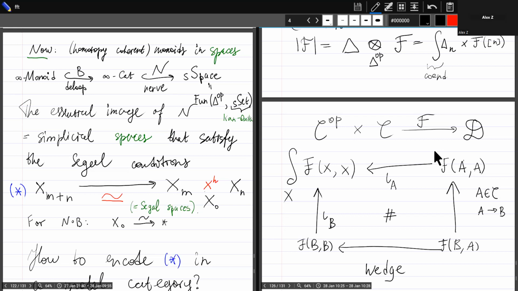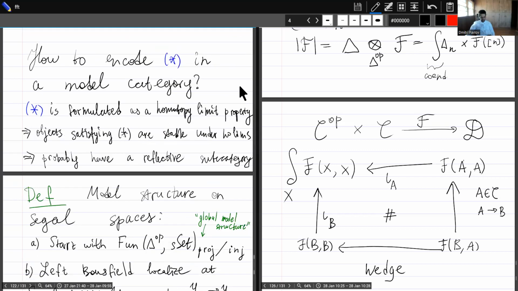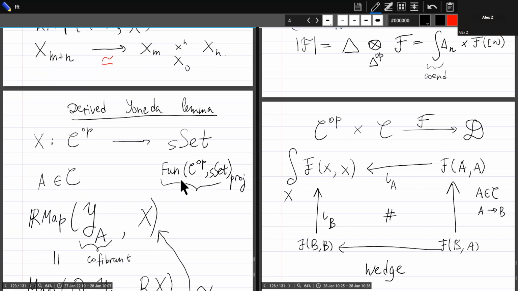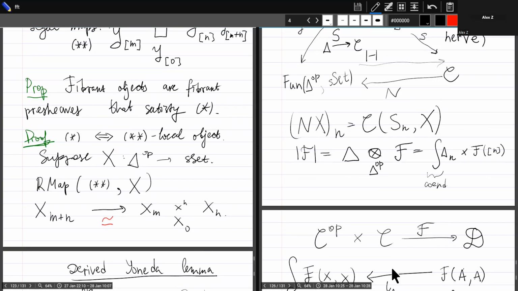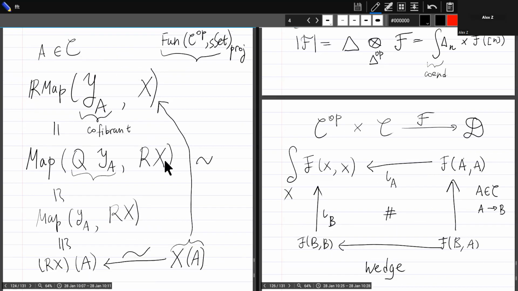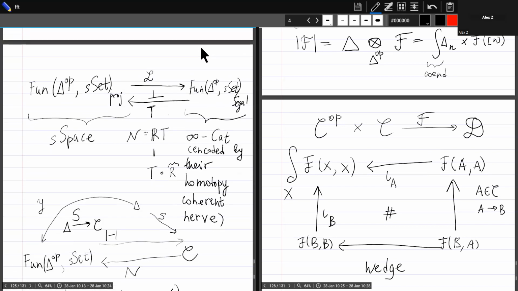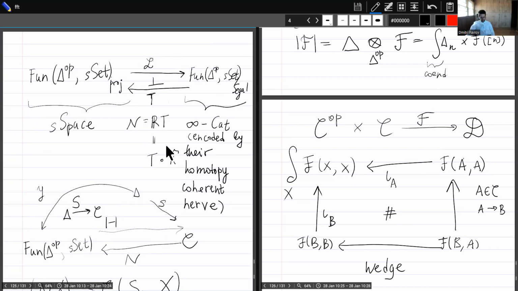Can you go further up with this? Yeah, sure. Here, where there's an adjunction, the nerve realization adjunction in the homotopical setting.